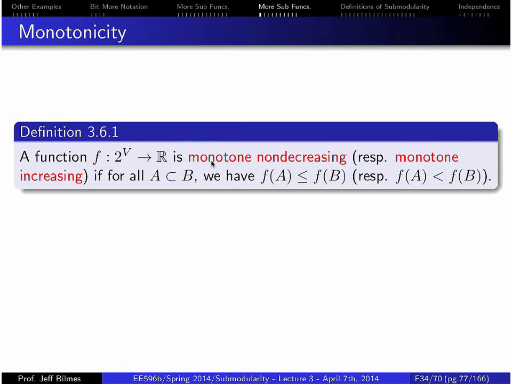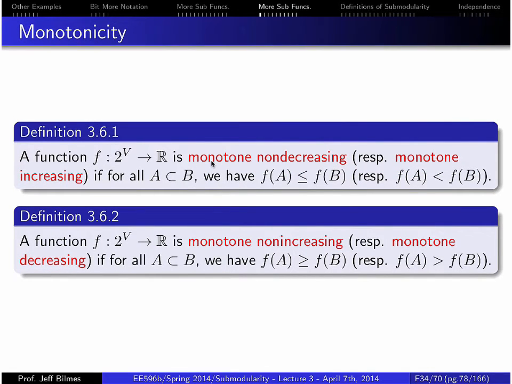A function is said to be monotone non-decreasing if whenever you take a superset, the value doesn't decrease. So if A is a subset of B, then the value of A is no greater than the value of B. And it's called strictly monotone increasing, a strict form, if supersets always strictly increase the value.